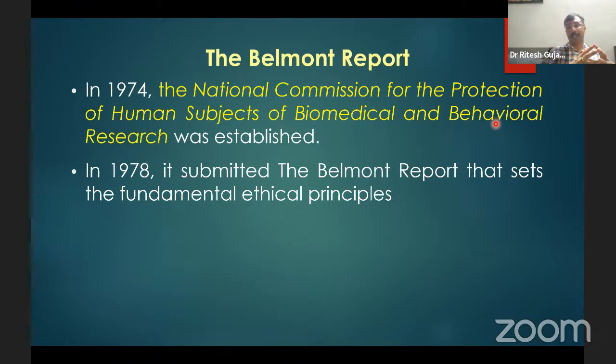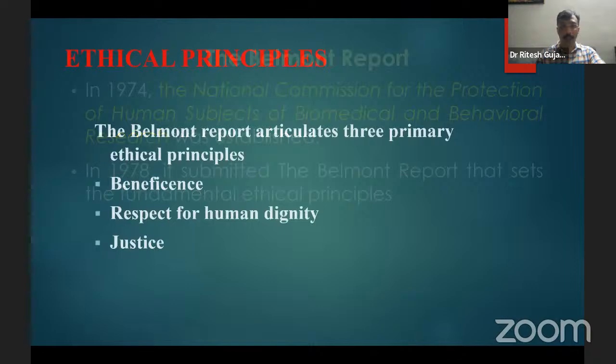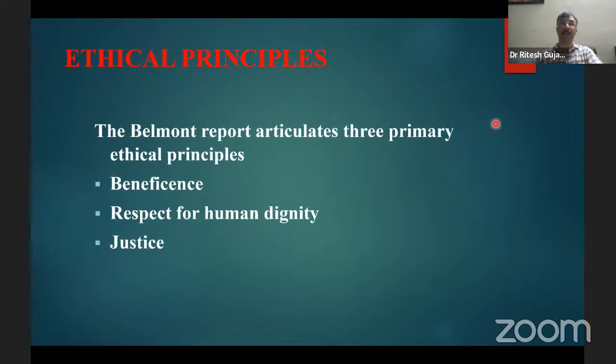There's one more report, the Belmont Report, which comes from the National Commission for the Protection of Human Subjects of Biomedical and Behavioral Research. Why is it important? Because these are the three important ethical principles. It talks about beneficence. So what are the benefits to the researcher, to the society, and to the research subjects? Then it also talks about respect for human dignity.